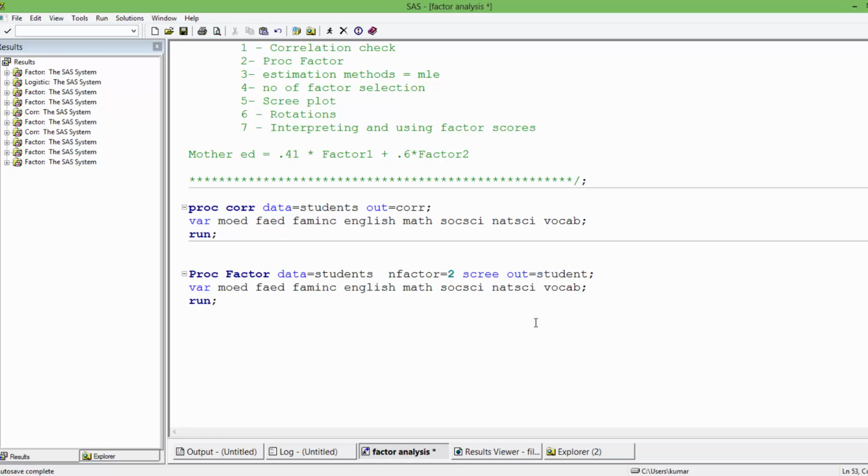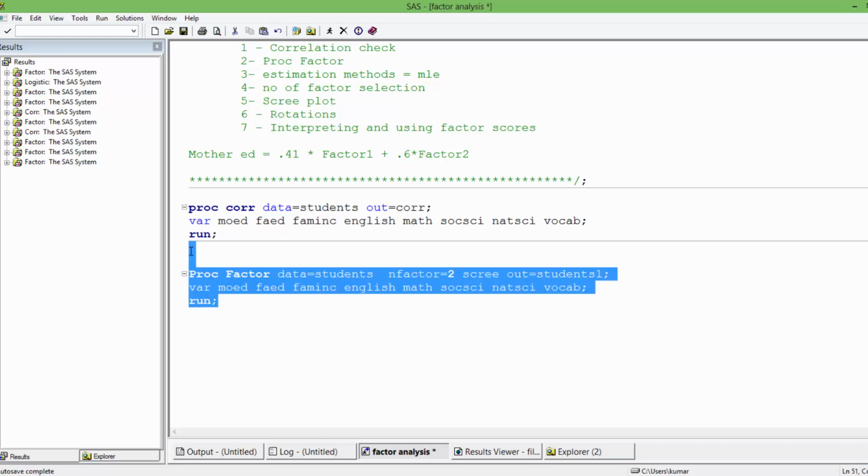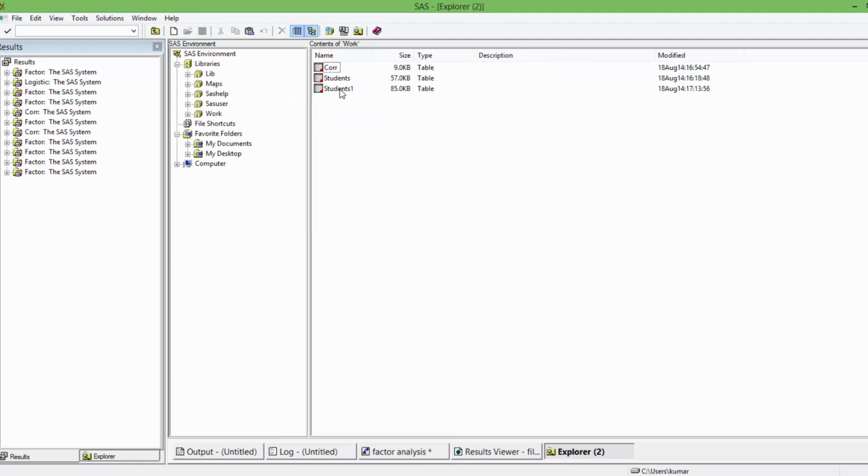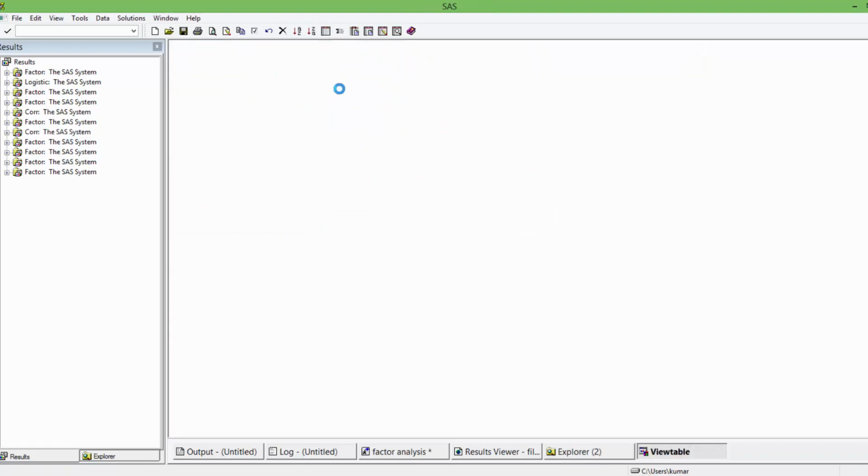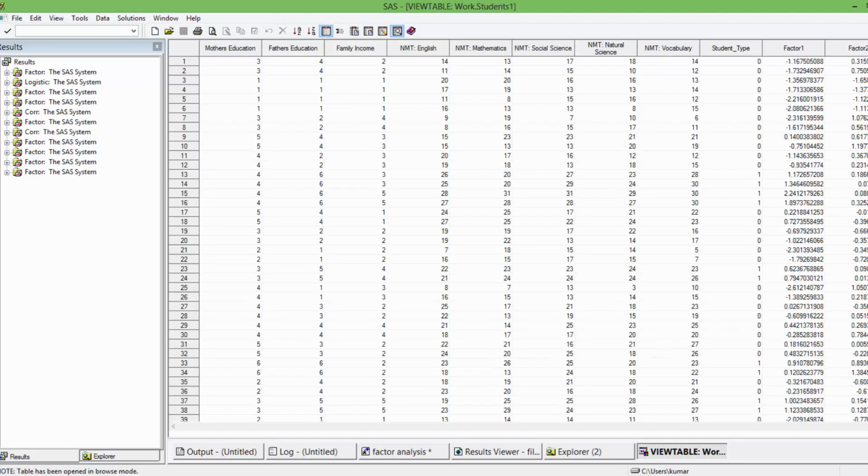I'll save the factor scores along with my input variables in another data set. I am naming it students1. You can name it anything. Let me go to students1. You can see the last two columns, factor 1 and factor 2.